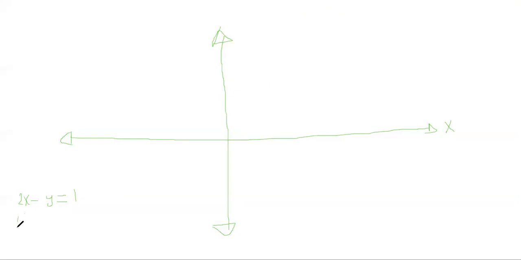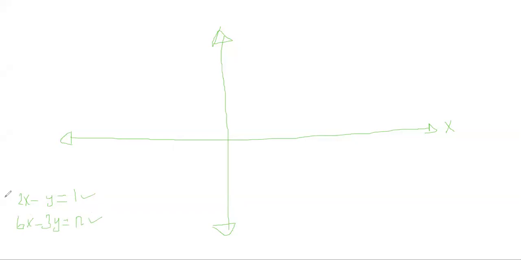Then the second equation, both are linear, 6x minus 3y equals 12. We have to graph both, and to graph them, we first ask ourselves what their intercepts are, the x and y intercepts for each equation.